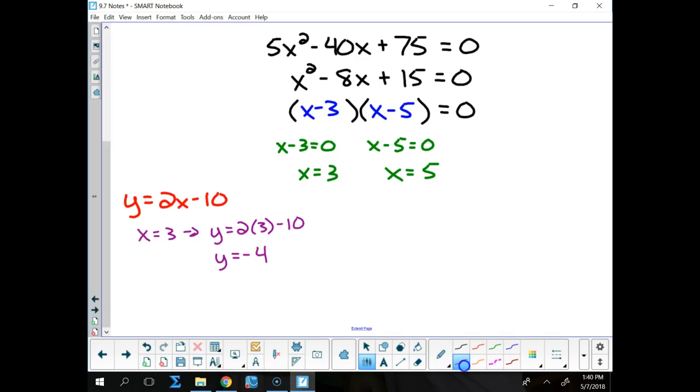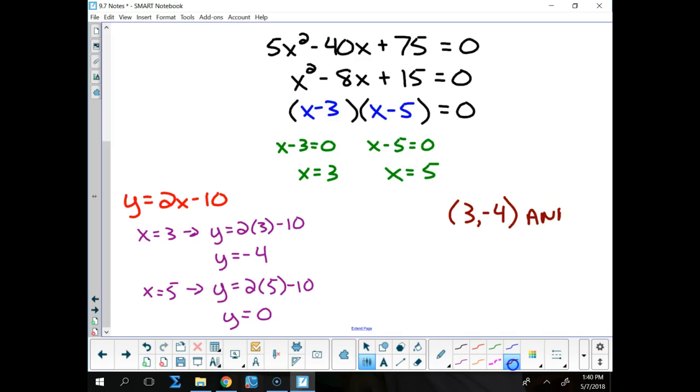If x is 5, then y equals 2 times 5 minus 10. Bless you, by the way. So y is equal to 0. 2 possible points that these two intersect at: (3, negative 4) and (5, 0).